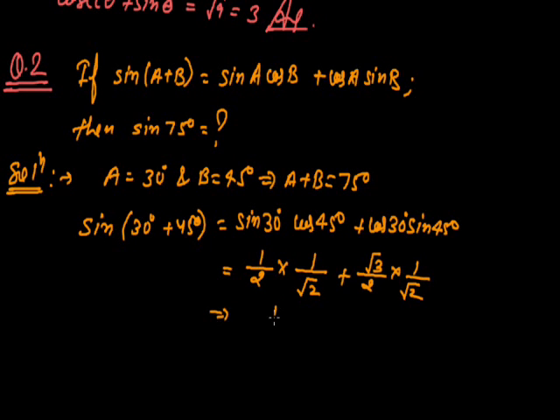So we have 1 upon 2 root 2 plus root 3 upon 2 root 2. So we have root 3 plus 1 upon 2 root 2, that is the value of sine 75 degree. That is our answer.